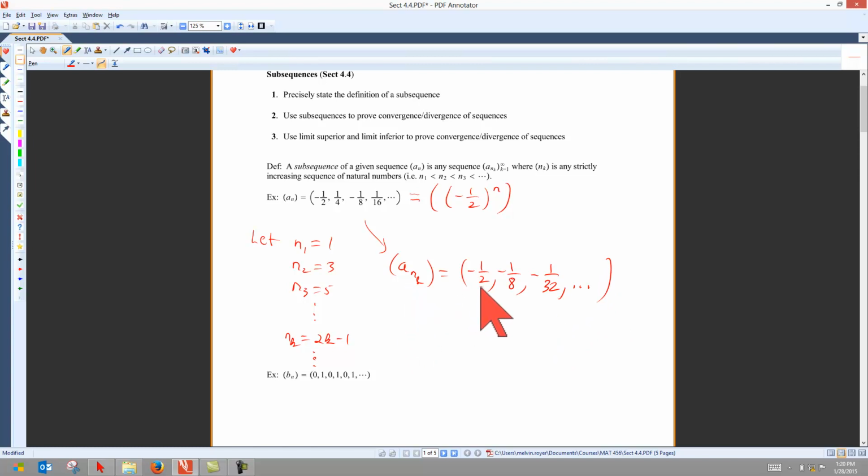So every term of this subsequence was a member of the original sequence, and they appear in the same order. So up here, minus 1/2 occurred before minus 1/8, occurred before minus 1/32, and likewise in the subsequence. Other than that, I'm just going through the original sequence and making an arbitrary choice about which elements to pull out.